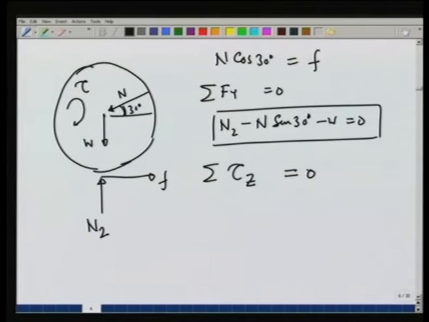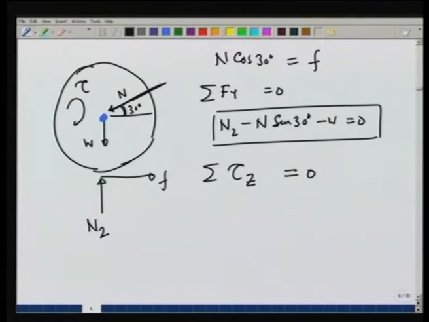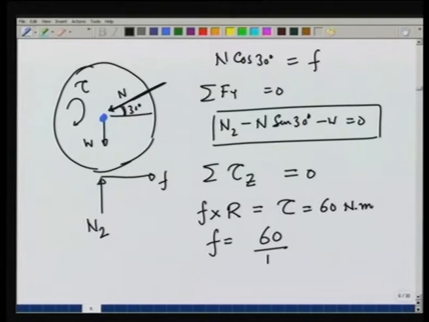Let me take the torque about the center of the wheel right here shown by blue. If we do that, the torque due to normal reaction N due to this force vanishes. That is the advantage of taking torque about this point, and therefore, I would have F times the radius of the wheel is equal to tau applied, which is 60 newtons per meter, and therefore, F is equal to 60 over r.